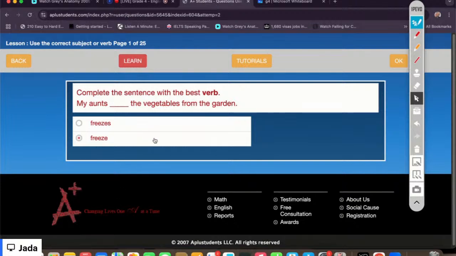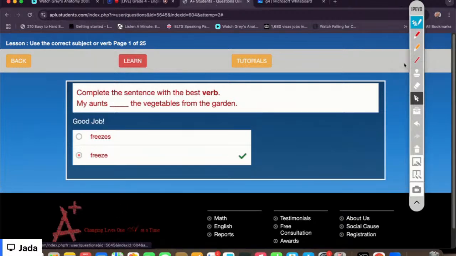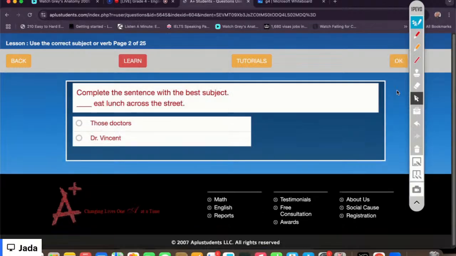Okay, so aunts freeze the vegetables because aunts is plural.